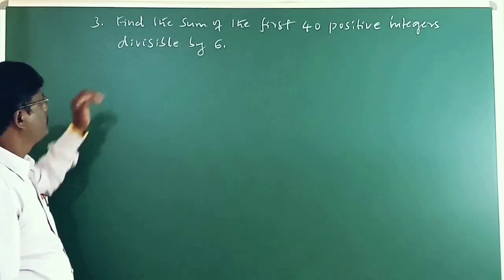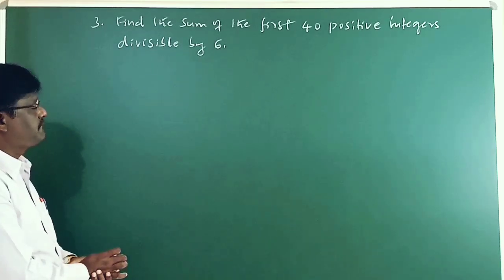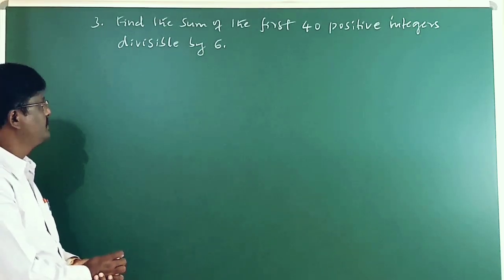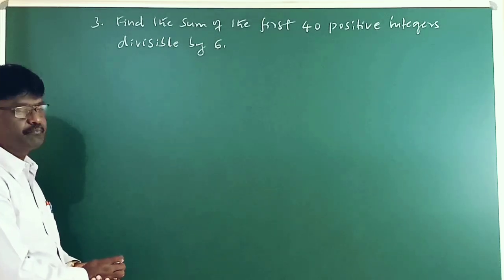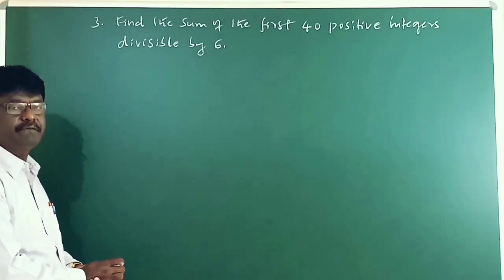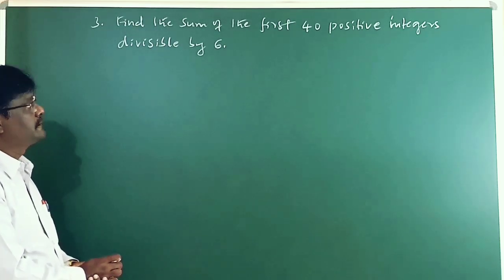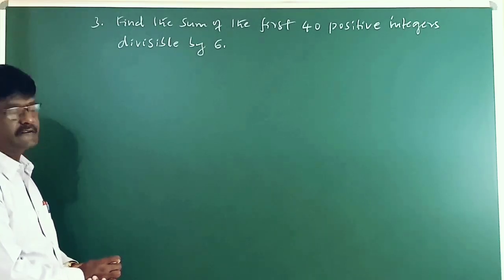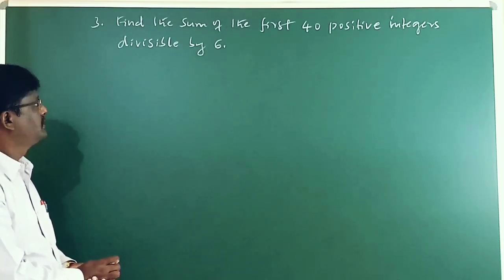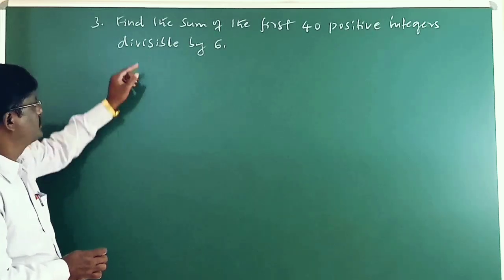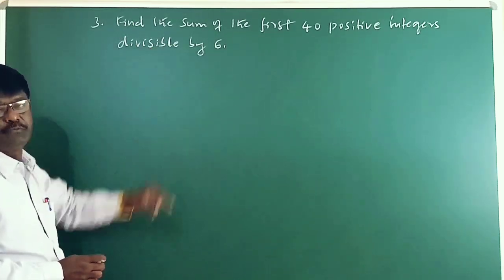The third sum, find the sum of the first 40 positive integers divisible by 6. This is little different from the previous one, children. Previous stopped there only, but sum of the first 40 positive integers like that. There we had 1000. But here one more extra condition is this, divisible by 6.